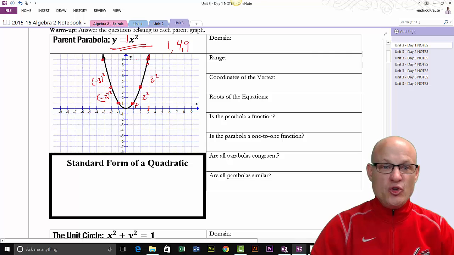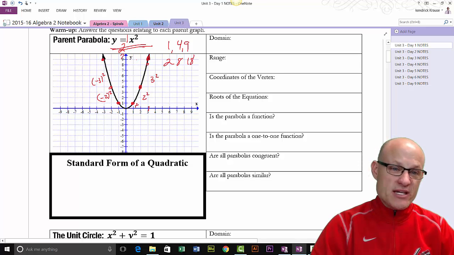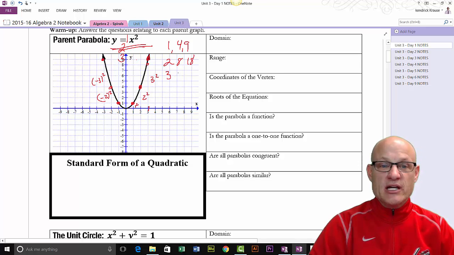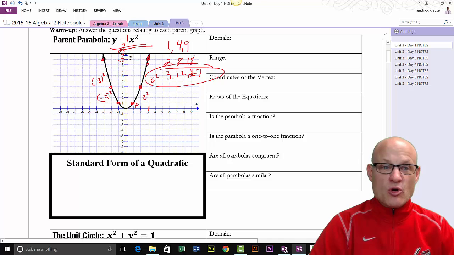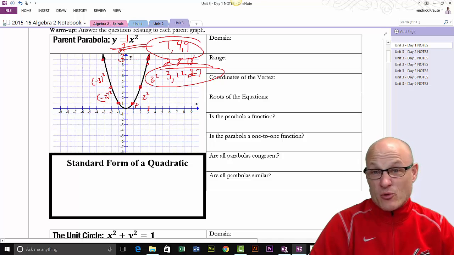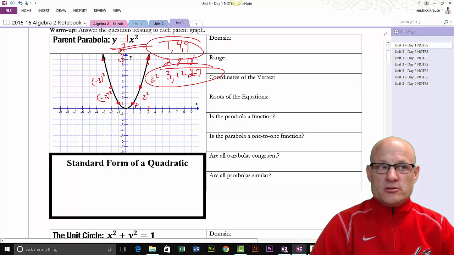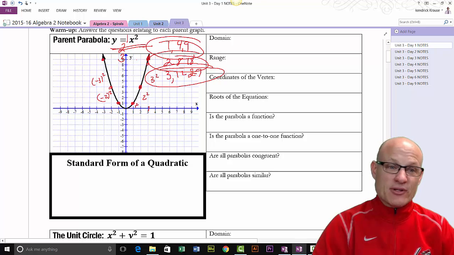What happens when I put a 2 in front? You're going to hear me say 2, 8, 18. What happens when I put a 3 in front? 3, 12, 27. All those are multiples of a 1, 4, 9 pattern. The 1, 4, 9 pattern is true for all quadratics. Whether or not we have a dilation that makes it steeper, that's another thing.